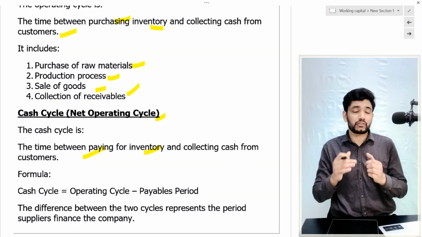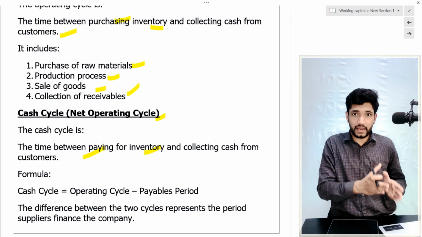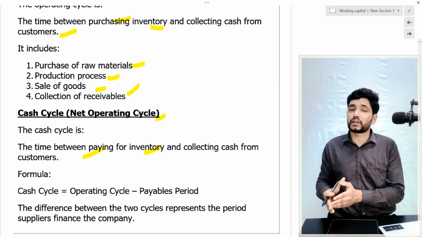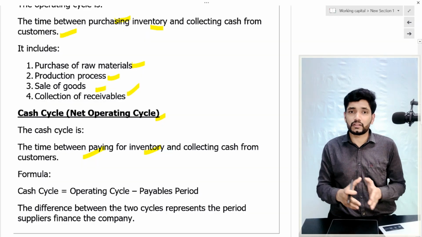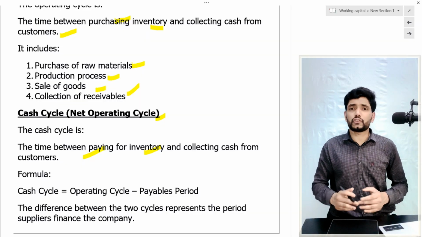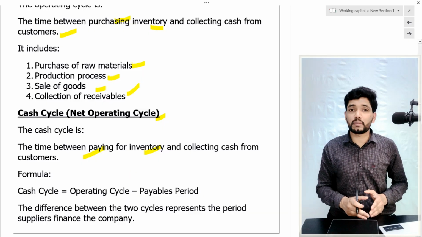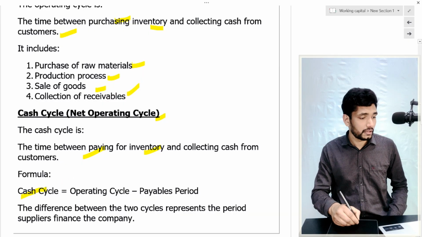Suppose I am paying my supplier today, so today is day 1, and I get my receivables after the 15th day, then my cash cycle is 15 days. So to calculate the cash cycle from the operating cycle, you have to reduce the payable period from the operating cycle.